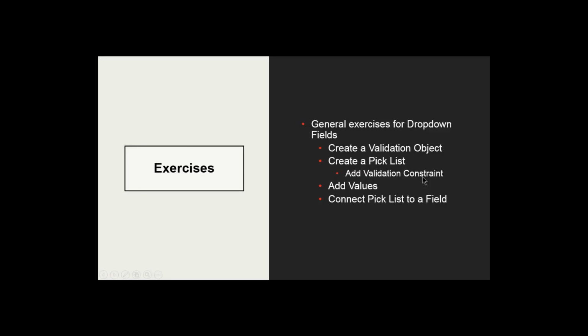And then you're also going to add the validation constraint to the bottom of that pick list. And then you can add your values anywhere you want, either from the main business object or the pick list. And then connect the pick list to the field in your user interface or service desk console.